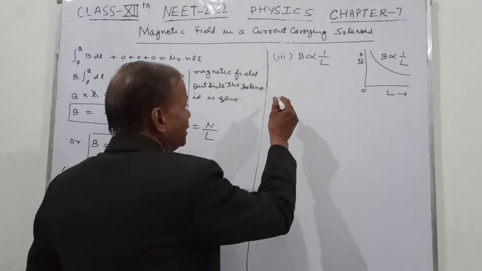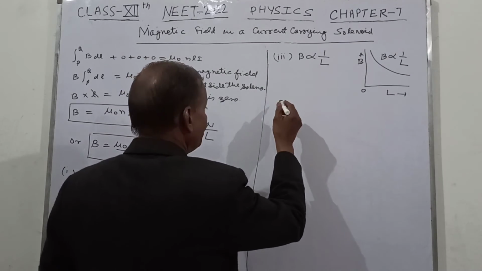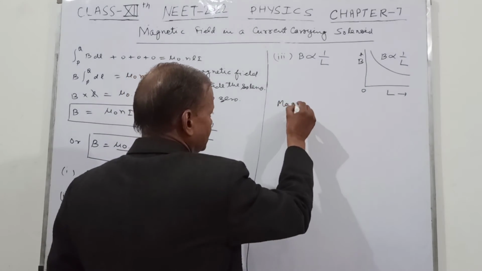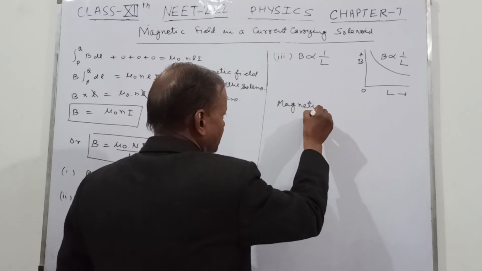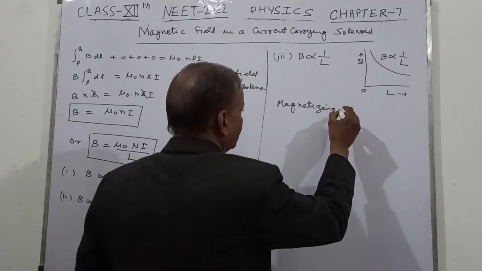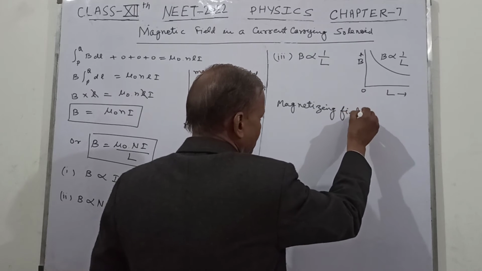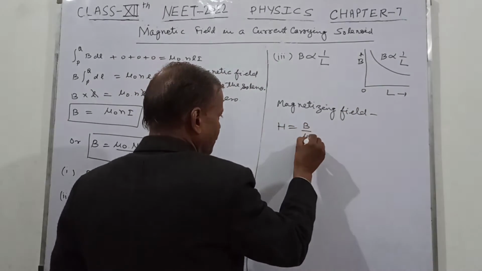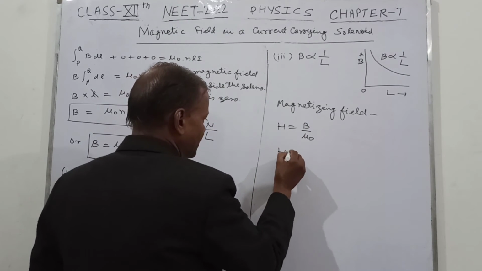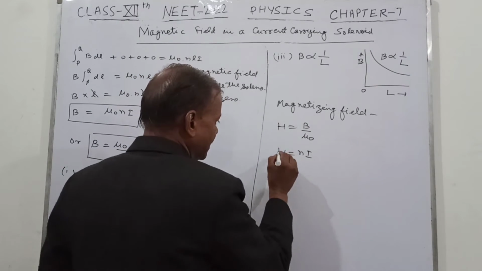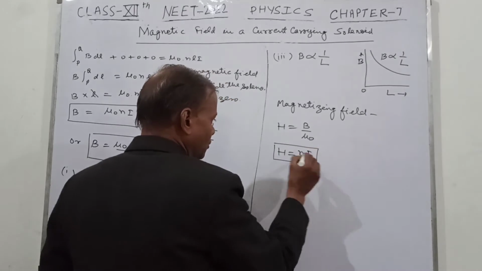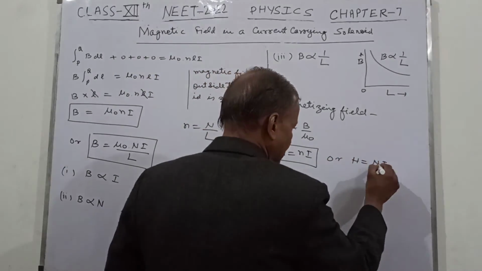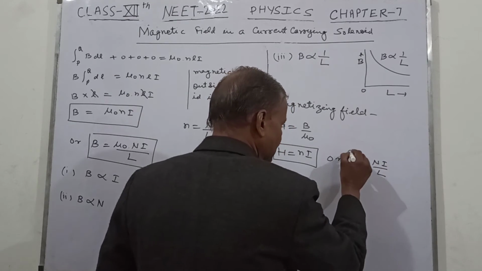And now magnetizing field we can see here. Magnetizing field H equal to B upon mu naught. So H equal to Ni, or H equal to Ni upon L, like this.